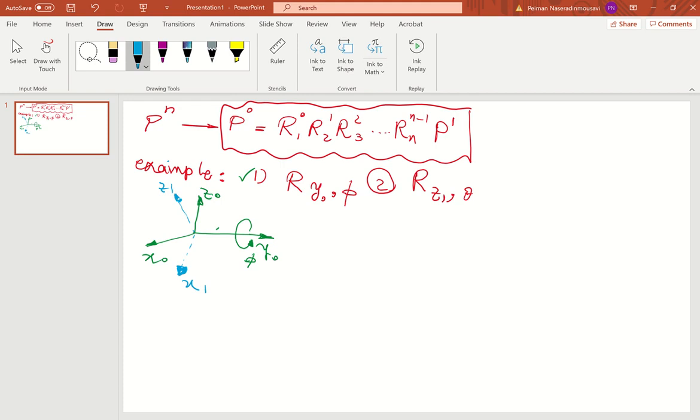Then I'm doing number 2. This is z1 and x1, and I'm looking for the angle of theta.